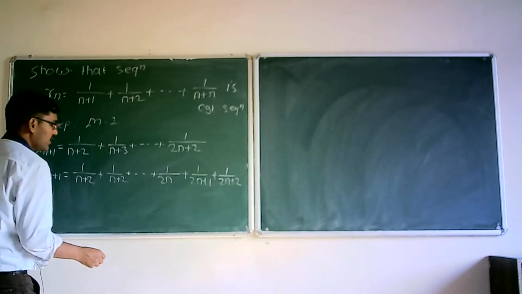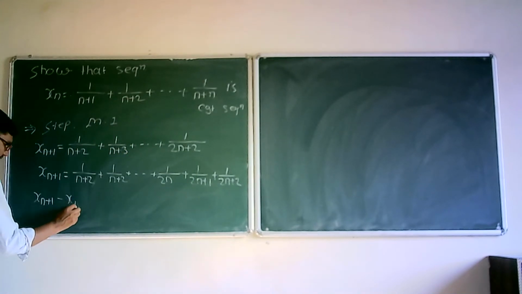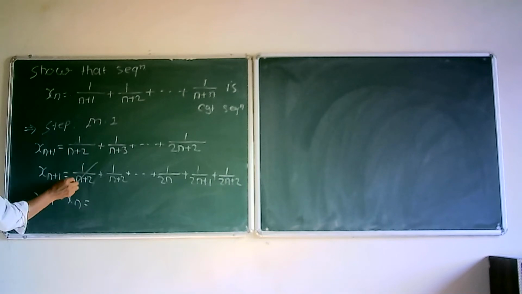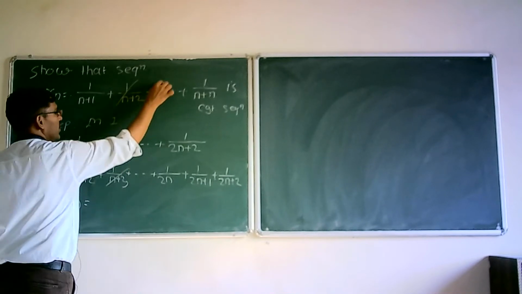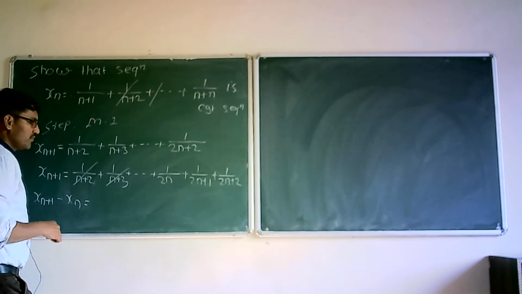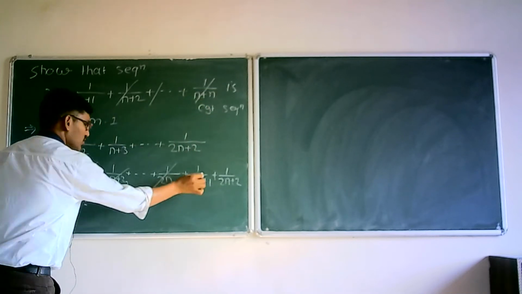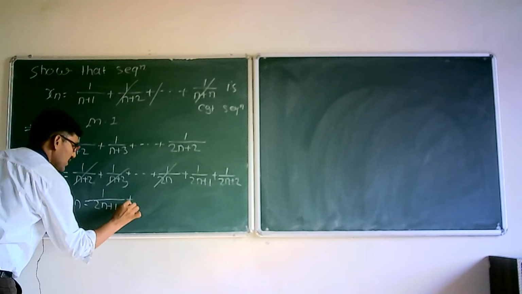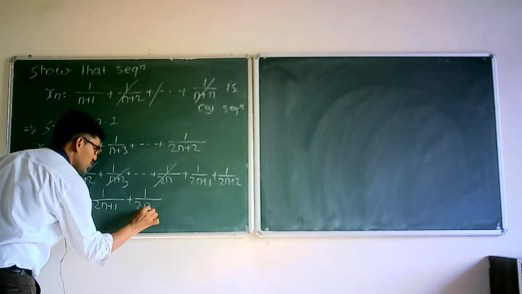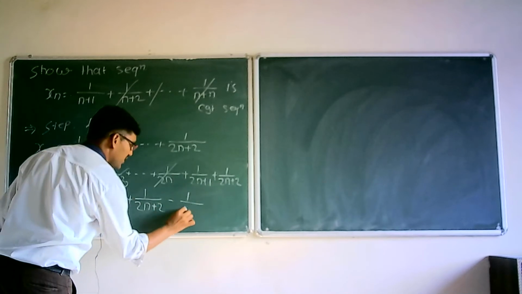So if we take xn plus 1 minus xn, then 1 upon n plus 2 minus 1 upon n plus 2 gets cancelled, 1 upon n plus 3 cancels, and 1 upon twice n cancels. What is left? 1 upon twice n plus 1 plus 1 upon twice n plus 2 minus one term, which is 1 upon n plus 1.